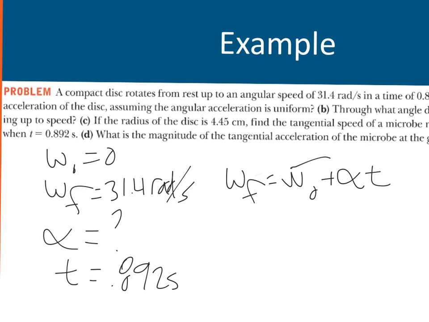And if you do that, you should come up with the fact that alpha is going to equal, let's see, 31.4. I'm sorry. That's the wrong one. Not 31.4. Should be 35.2. And units are radians per second squared.